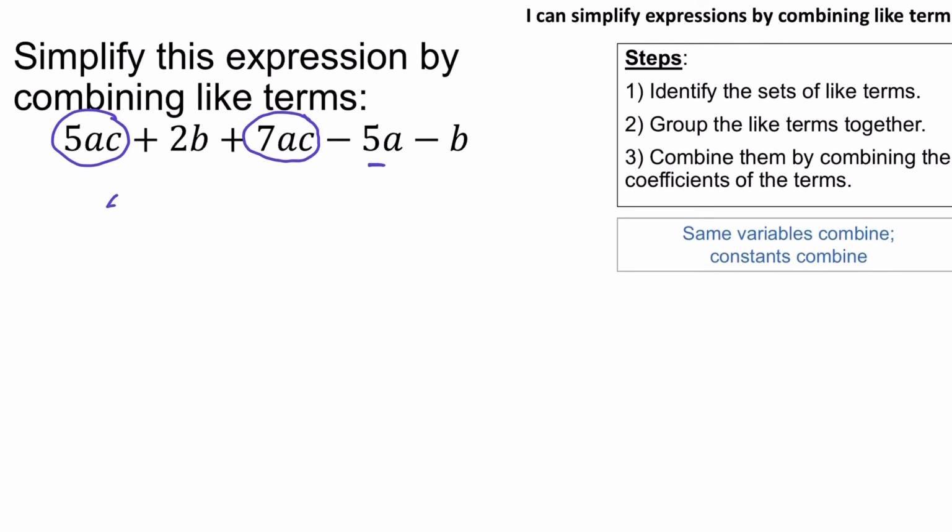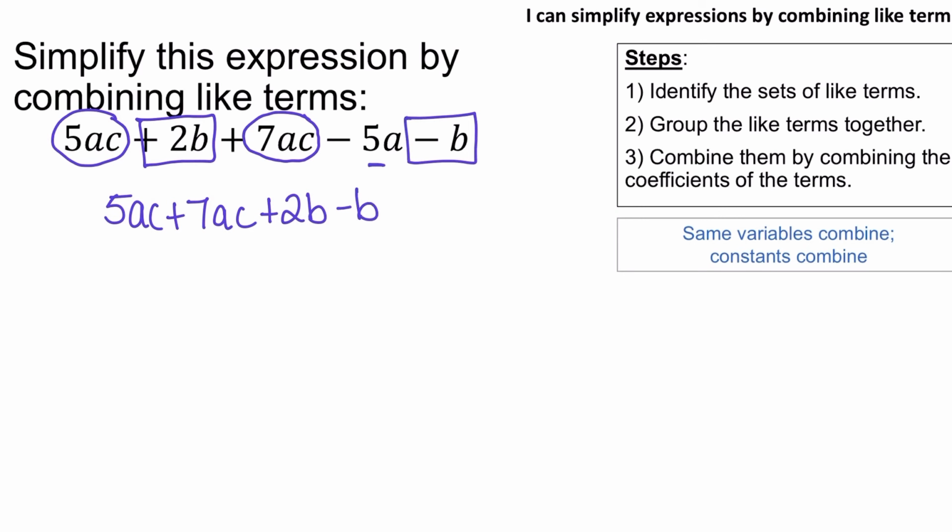So 5ac will combine with 7ac. Now my next term I have is my 2b. So I have plus 2b. I'm going to scan my problem and look for any other b terms, which I can. I have this minus b. And then I have this minus 5a at the end.